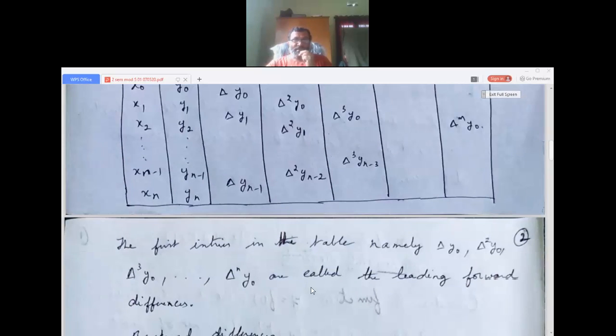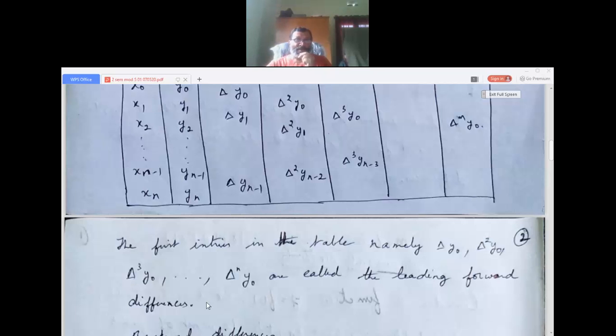Now, the first entries in the table, namely del y0, del squared y0, del cubed y0, and so on till del n y0, are called the leading forward differences.